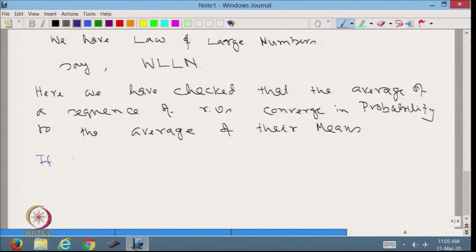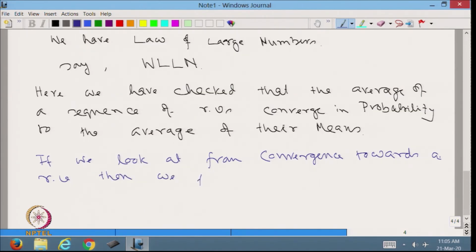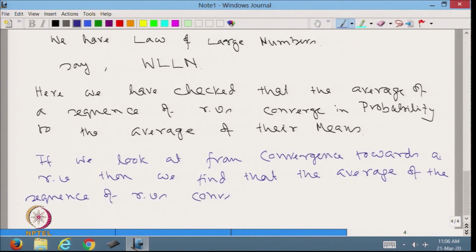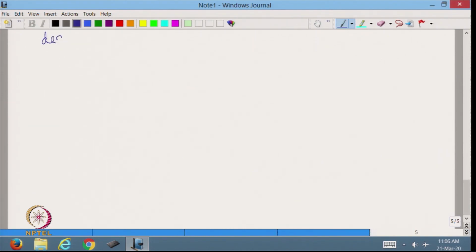If we look at it from convergence towards a random variable, then we find that the average of the sequence of random variables converges in probability to a degenerate random variable.